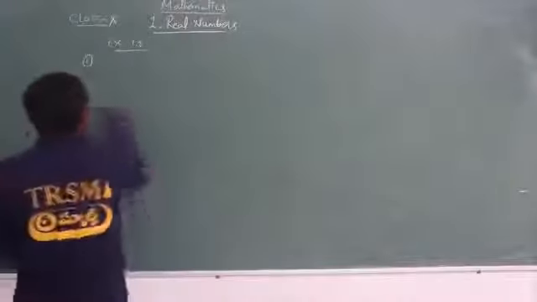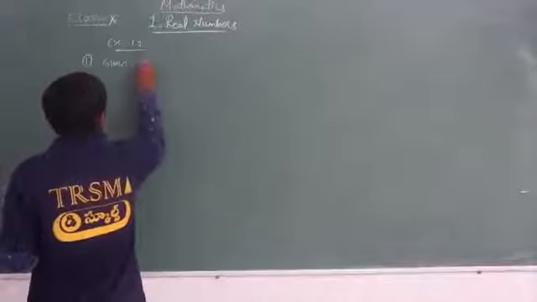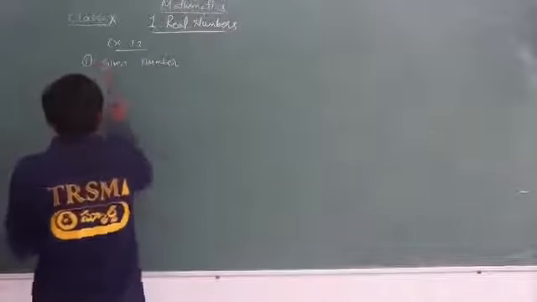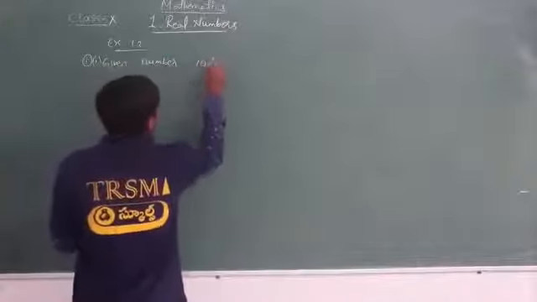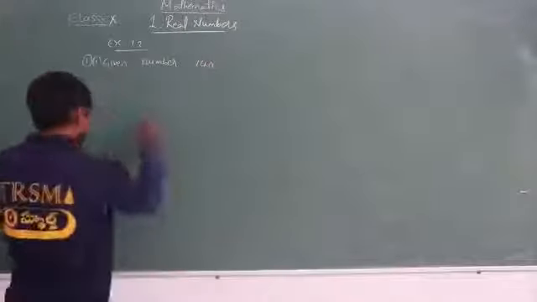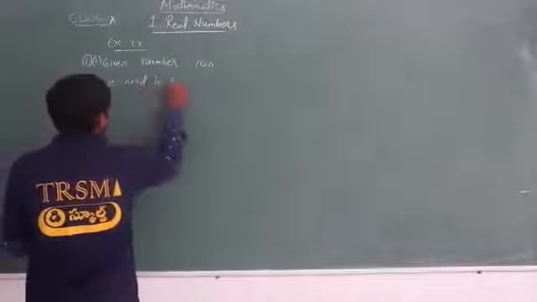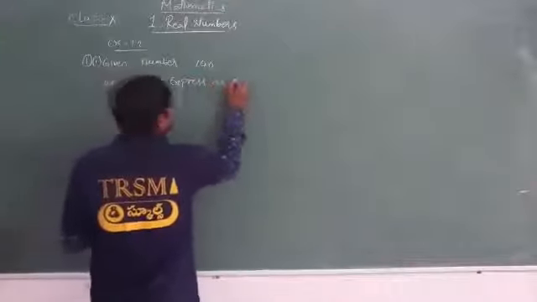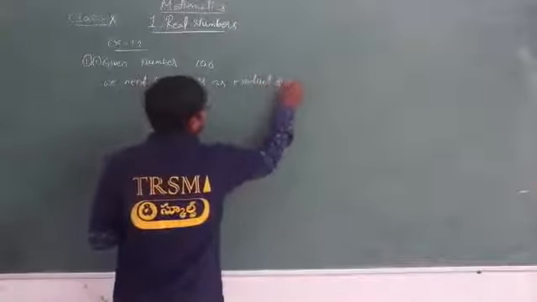So the numbers are given in the first part. This is the first one, 140. For this we need to express it as a product of primes.